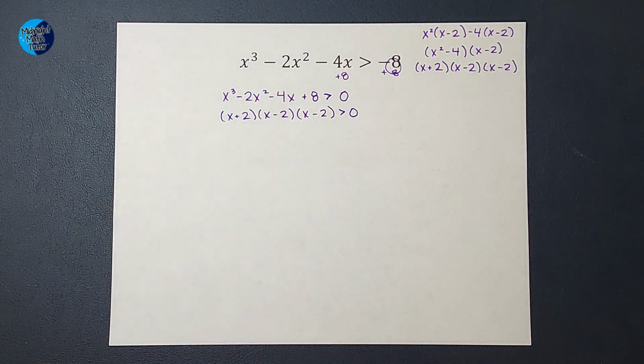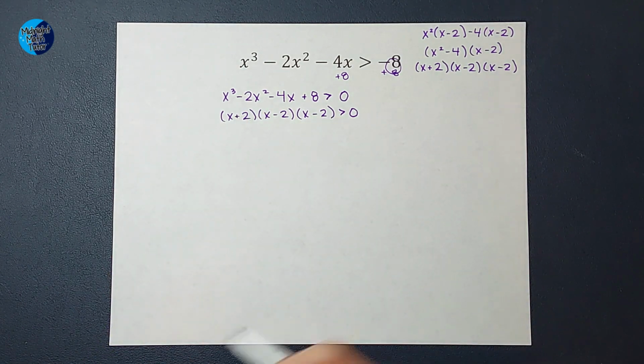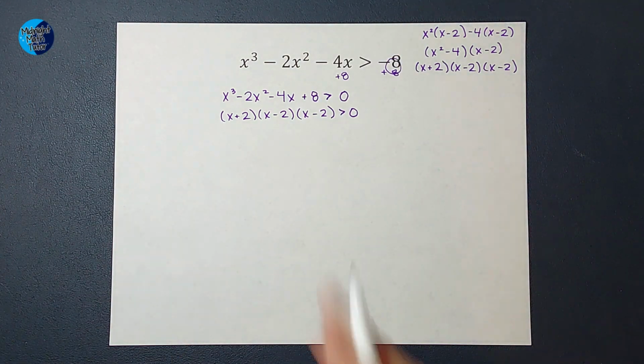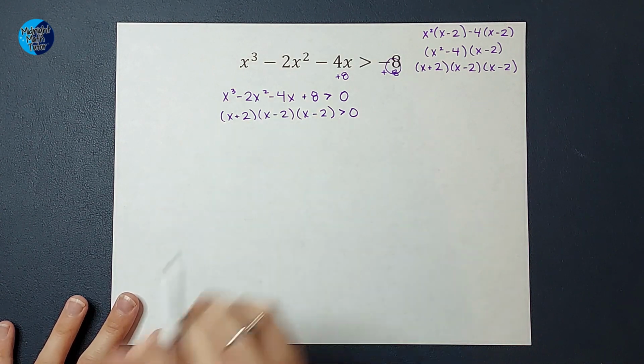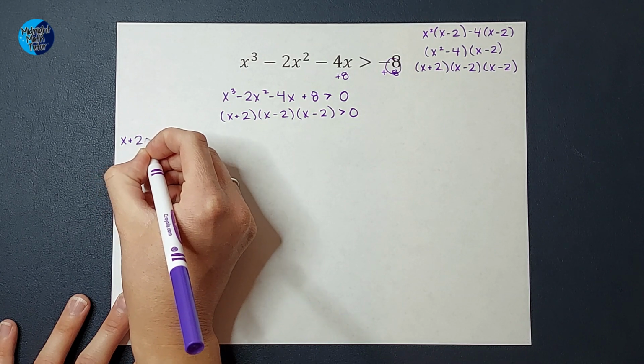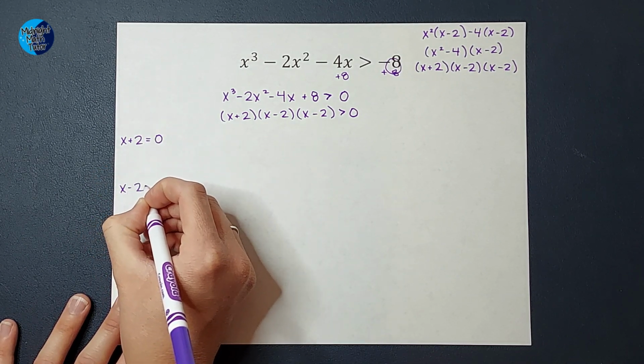Okay, next thing I'm going to do is, I know this isn't an equal sign, but knowing where these equal 0 is very helpful. And if you're kind of like, why, I'll show you at the end why this is very helpful, okay? So I'm going to set each of these equal to 0. So I'm going to have x plus 2 equals 0 and x minus 2 equals 0.